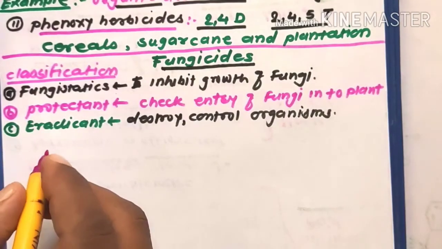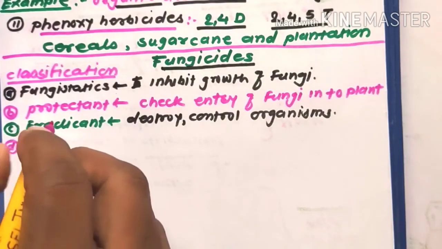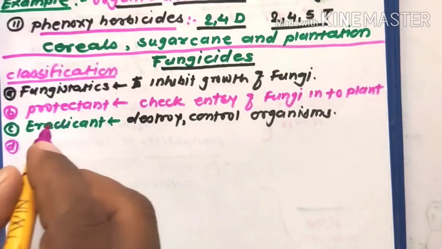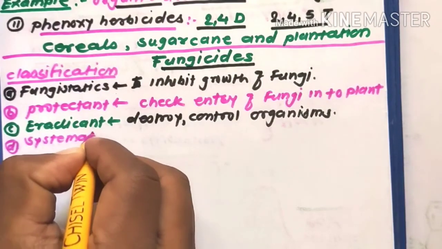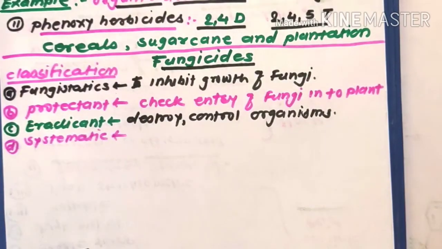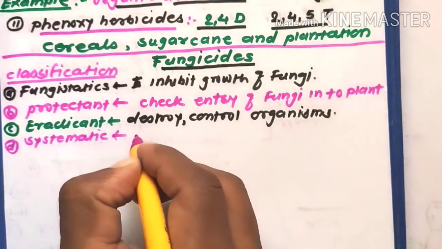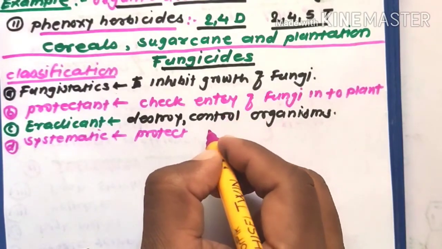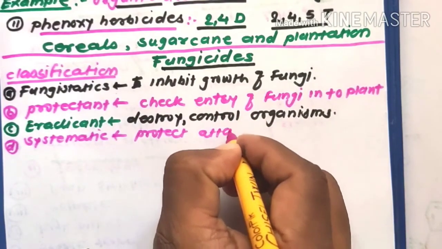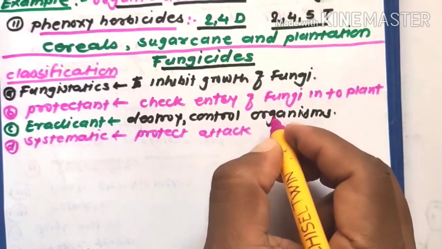And then the fourth one, systemic fungicides. Systemic fungicides are compounds that are absorbed by the plant and then translocated within the plant, protecting it from the attack of pathogenic fungi.